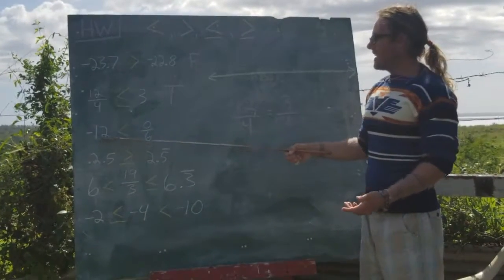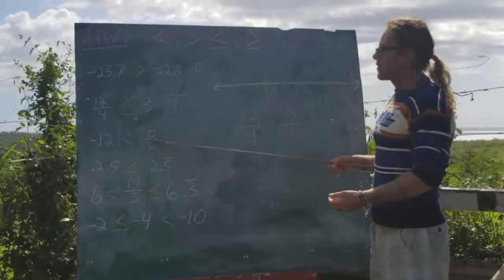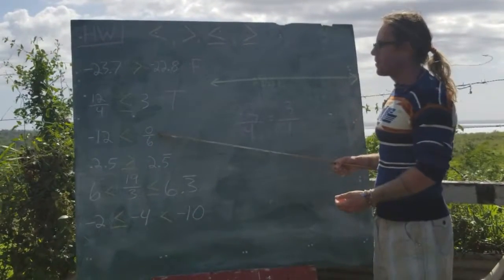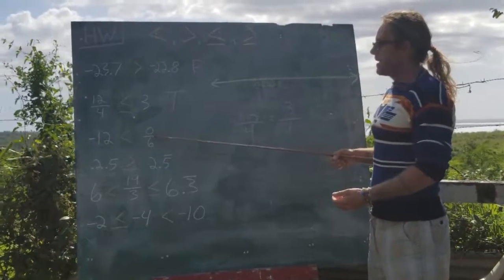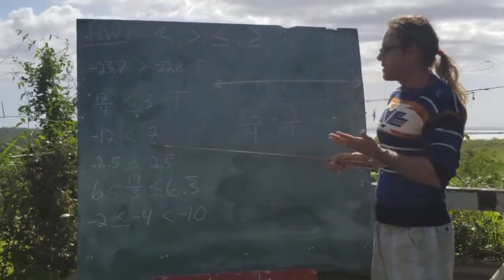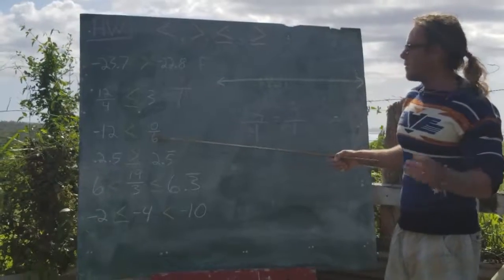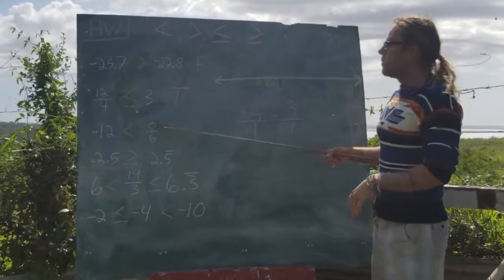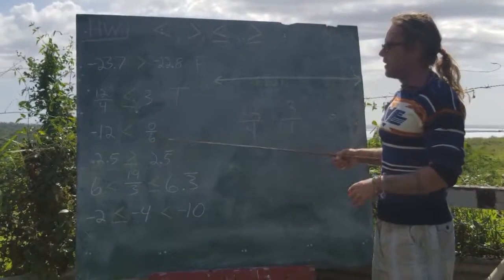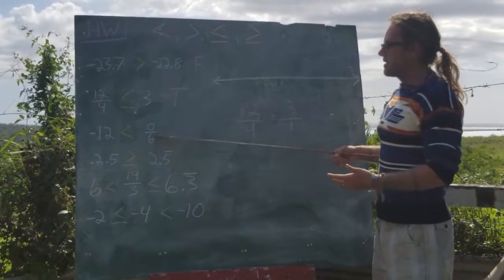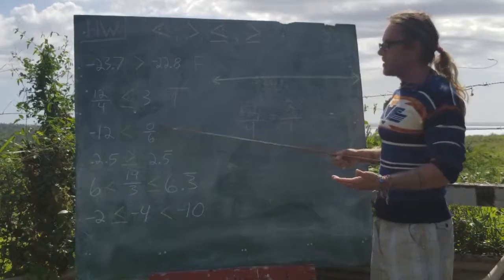Negative 12 is less than 0 over 6. Okay, another rational number. Let's look at this. We don't have 0 as the denominator, so we're okay. It's defined. Remember, you can never divide by 0, but you can certainly take 0 and divide it by another real number, in this case the integer 6. So what is 0 divided by 6? Well, it's 0.